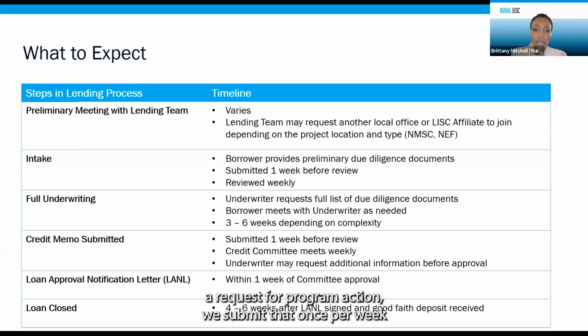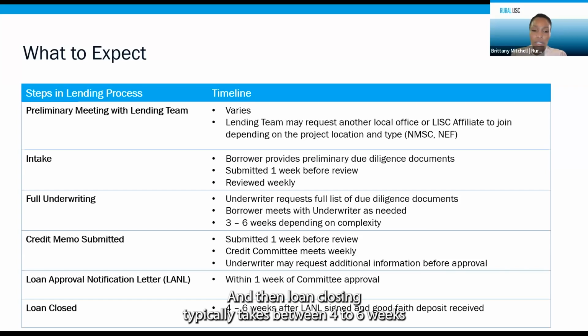We submit that once per week, and the credit committee meets weekly to review it and go over a decision. If it reaches an approval, then within a week or two of a loan approval, a loan approval notification letter or commitment letter will be issued.